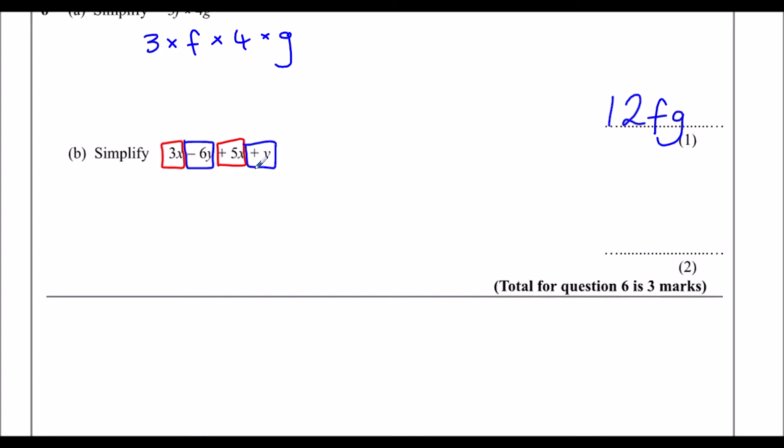Doesn't matter what order we do it. We can have 1y take away 6y's. So let's do the x's first. 3x's plus 5x's. That's 8x's. 3 of something plus 5 of something makes 8 of that same thing. And 1y take away 6y's goes to minus 5y. So we've got 8x's minus 5y's.